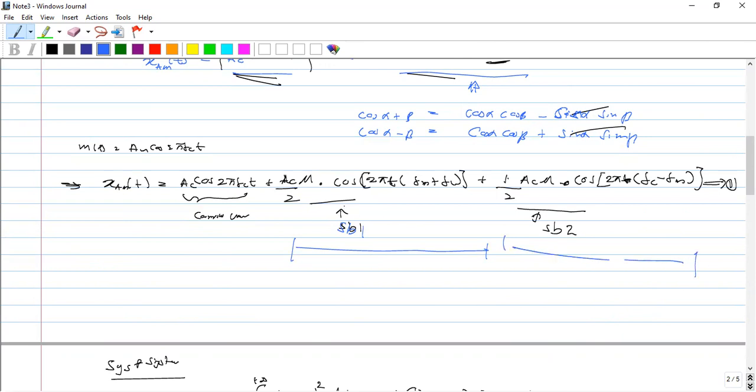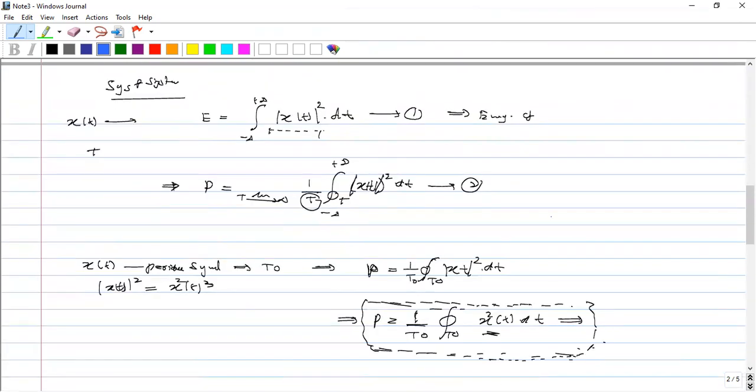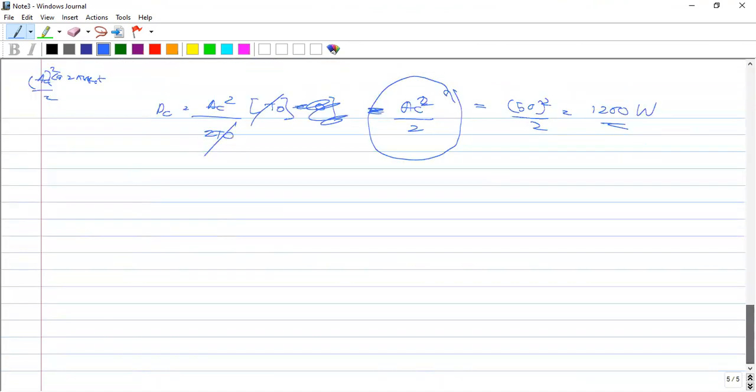So if you consider the first sideband, you have Ac mu by 2 cos 2π(fc plus fm)t.